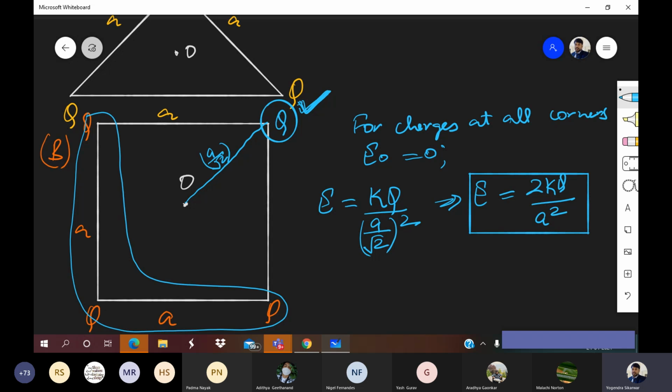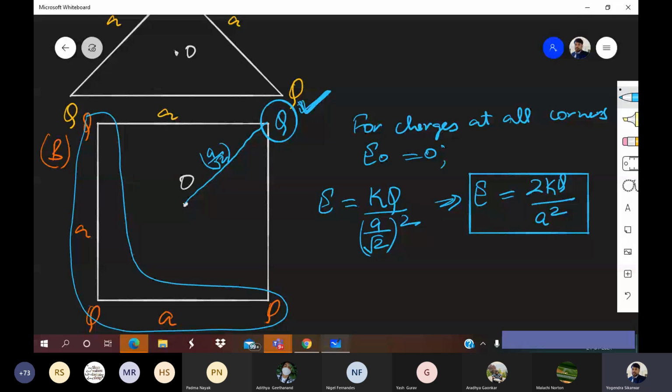So what I did, I found another similar charge from somewhere and I kept it at the corner which is empty. The moment I kept the charge at the empty corner, net electric field at O became 0. Now please don't ask how it became 0, because we have done similar questions just now.